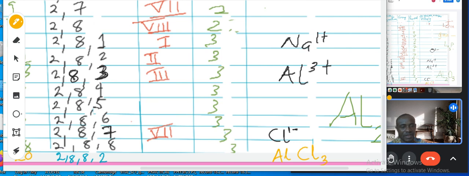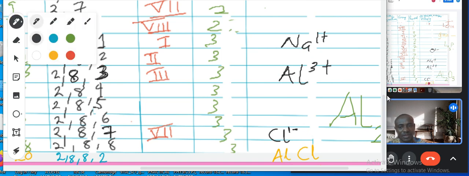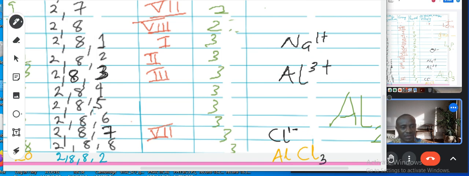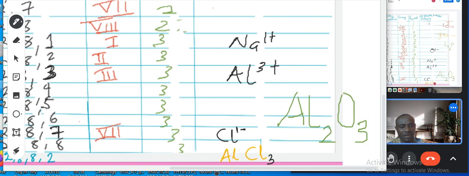You know the swap valencies. Aluminium is 3 plus, chlorine is 1 minus. So the 3 of aluminium goes to chlorine, and the 1 of chlorine comes to aluminium, right? Okay, but you don't need to write the 1. You just write AlCl3.